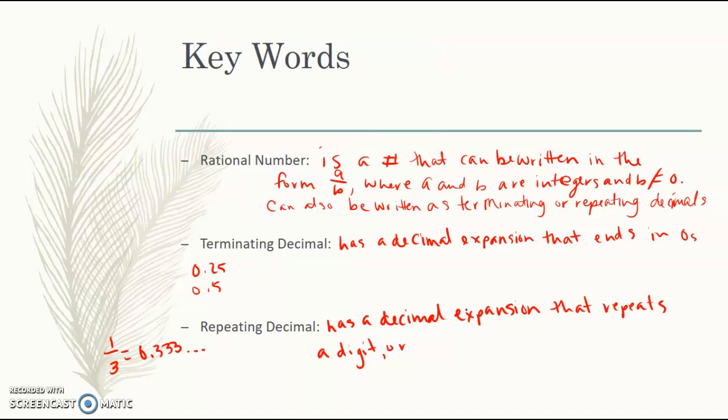Or a block of digits. And that is without end. So it continues to move. Like I said, these threes will go on forever. And we write that with that little bar notation. So 0.3 with the bar on top of it.